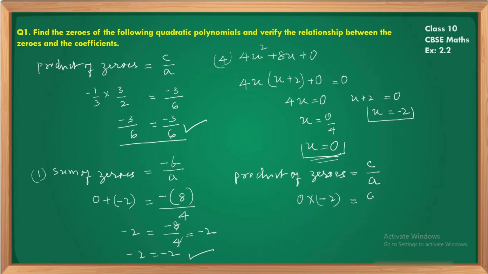And A is the coefficient of u square, which is 4. If you divide 0 by any number, you get only 0. And when you multiply any number with 0, it is also 0. 0 is equal to 0. LHS is equal to RHS. So we have done the verification of this equation 4u square plus 8u plus 0.